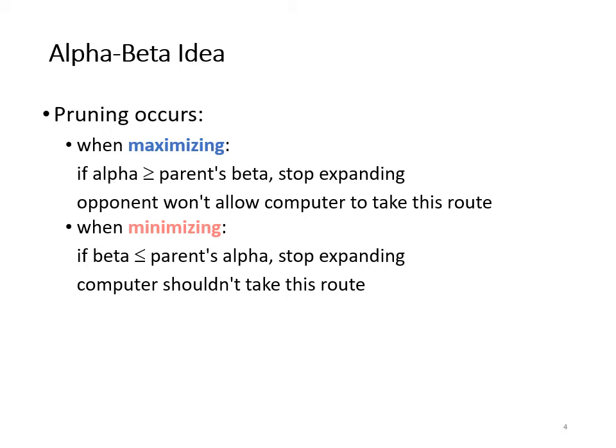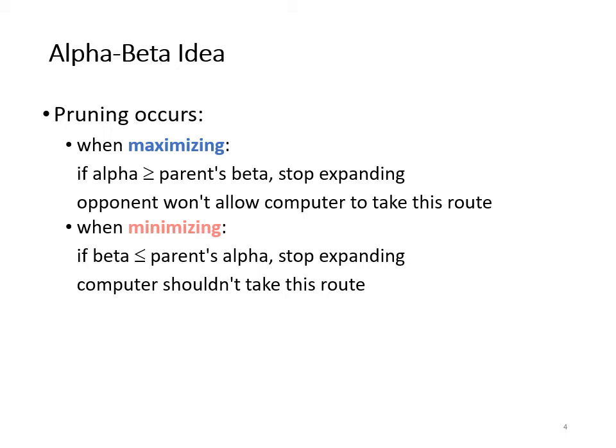In case of maximizing, an alpha node will occur. If alpha is greater than or equal to the parent's beta in the tree, then you have to stop expanding, and the opponent will not allow the computer to take this route.